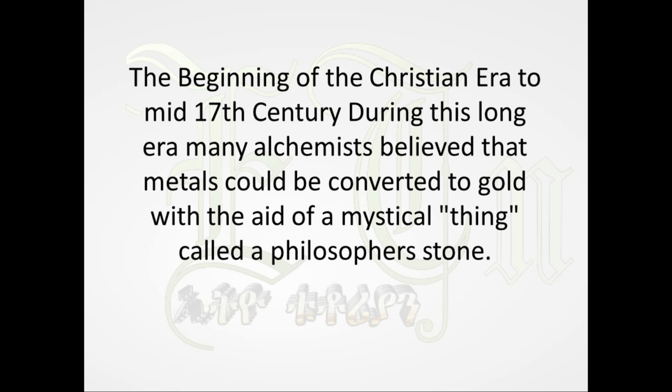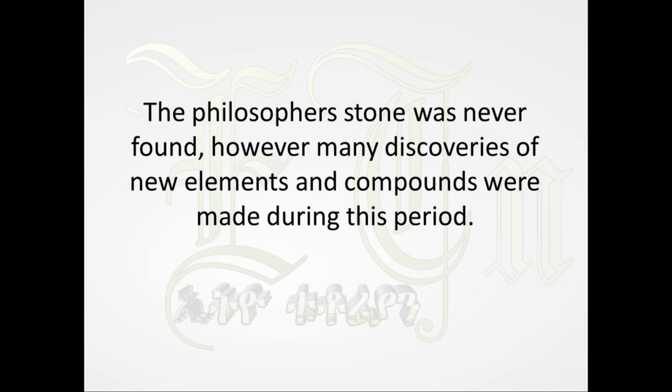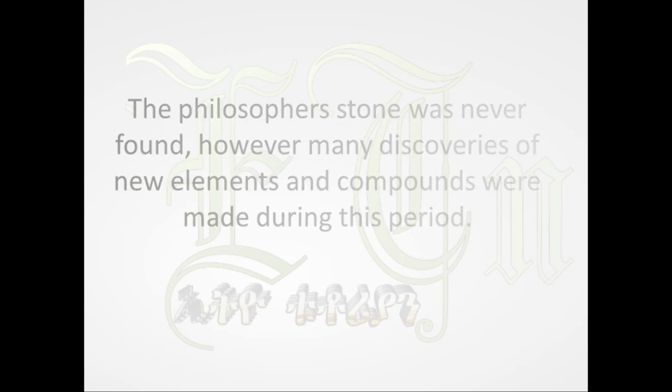During this long era, many alchemists believed that metals could be converted to gold with the aid of a mystical thing called a philosopher's stone. The philosopher's stone was never found. However, many discoveries of new elements and compounds were made during this period.